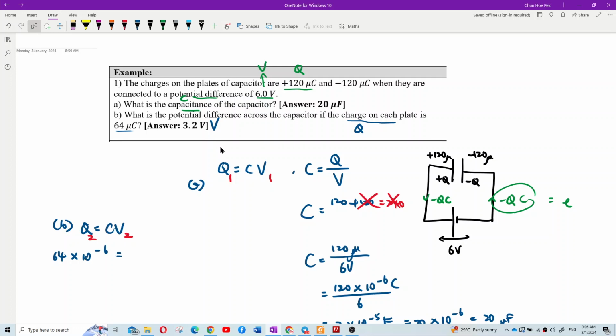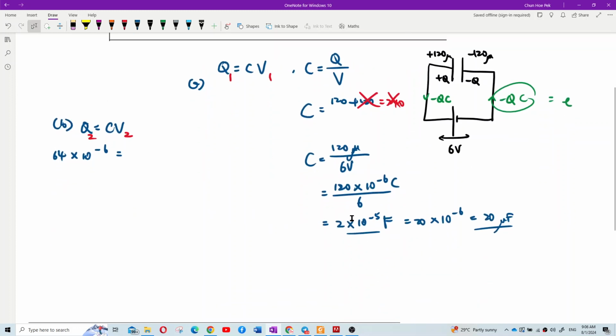And the capacitance is the same capacitor, 20 microfarad. Micro is 10 to the negative 6. Why do we use this? Because I want to cut off the exponent negative 6 so I can find V2.